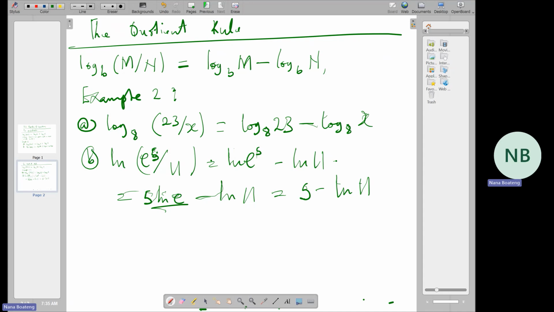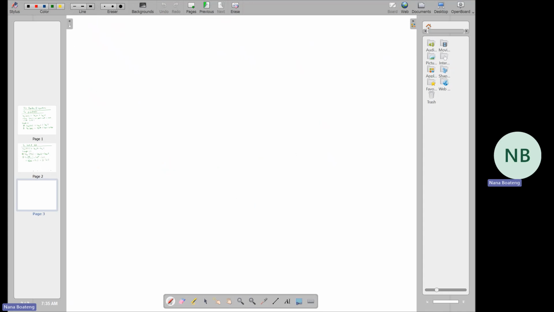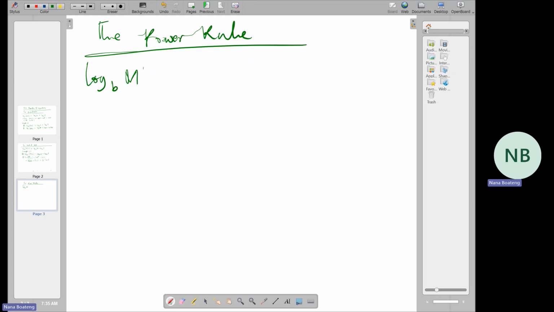All right, so let's look at the next rule, which is the power rule. So what does the power rule say? The power rule says log to the base b of m to the power p is equal to p log to the base b of m.